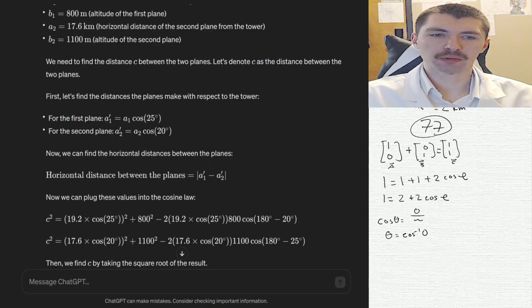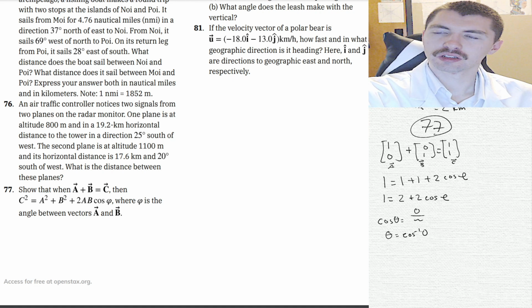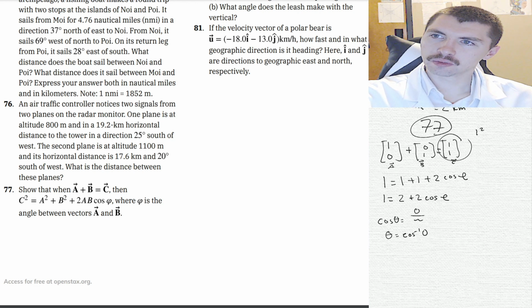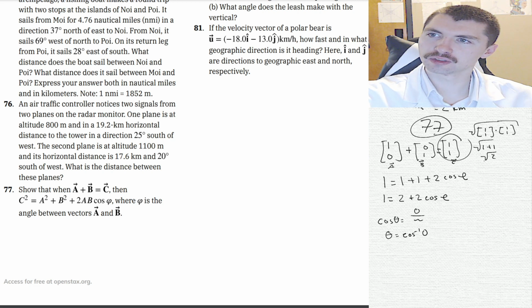So what am I doing wrong? Maybe I have the formula correct. So c squared, the magnitude of c, is 1 squared plus 1, square root of 2. So that's the magnitude.